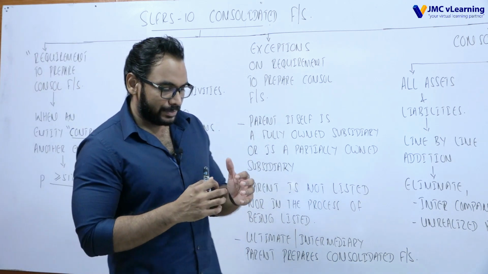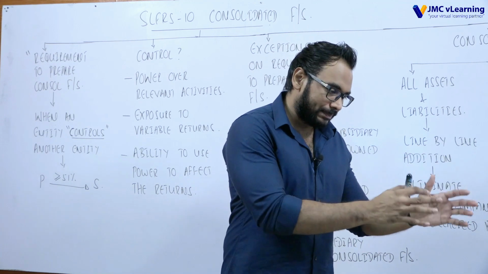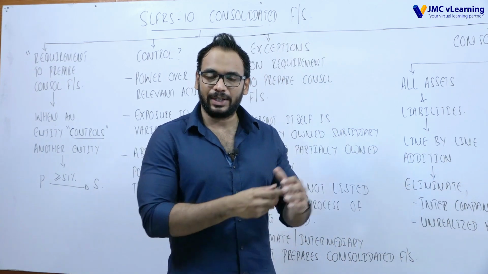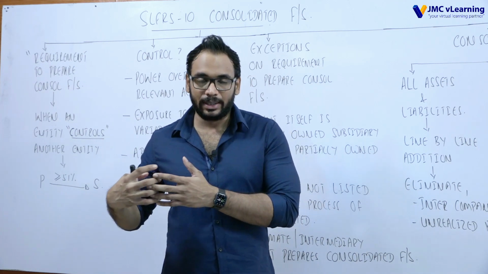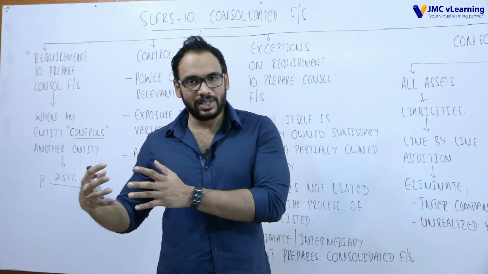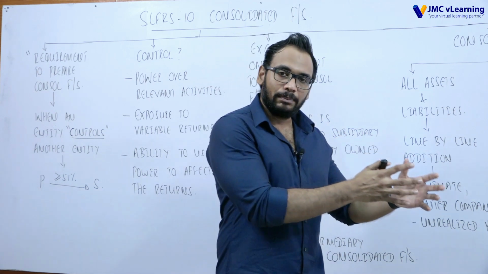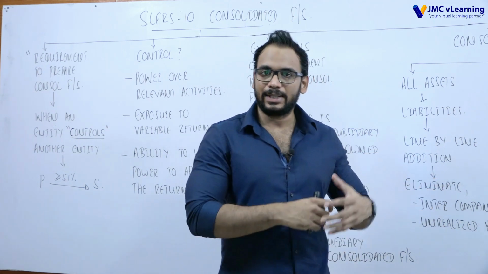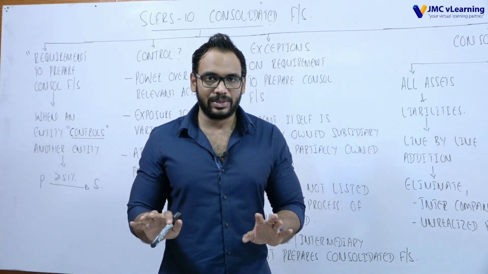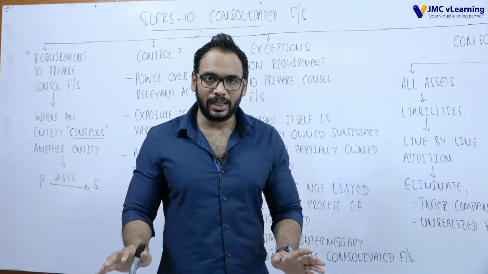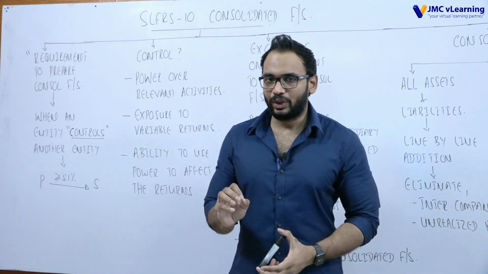Right. Just because you say the subsidiary is in a different business than mine, say the parent is a grocery store or selling FMCG, while the subsidiary is an insurance company, which is completely different. Just because you have different business activities, it's not an exemption to prepare consolidated financials.